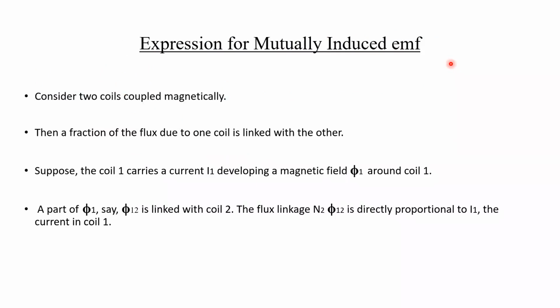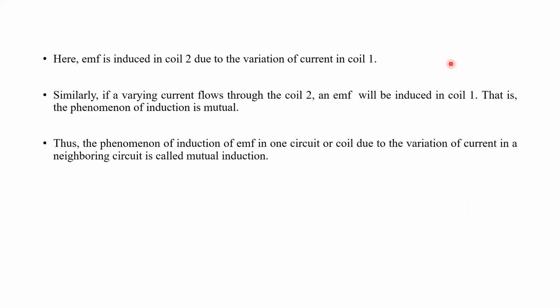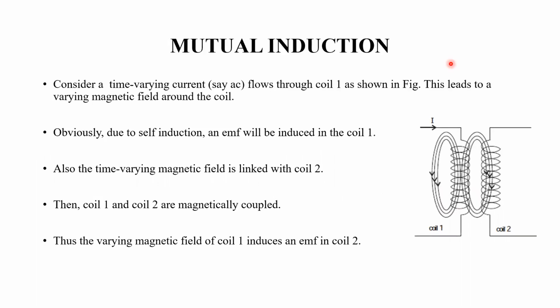Then a fraction of the flux due to one coil is linked with the other. We have seen two coils earlier, coil 1 and coil 2. So we'll say it is magnetically coupled when part of the flux in coil 1 is linking with coil 2. So if the two coils are close by, as shown in an earlier figure, here we can see that half of the flux is linking coil 2. Here coil 1 and coil 2 are close, so half is linking with coil 2.